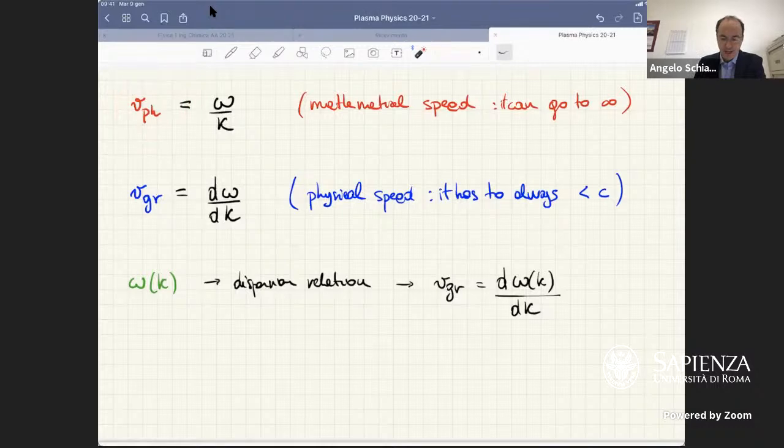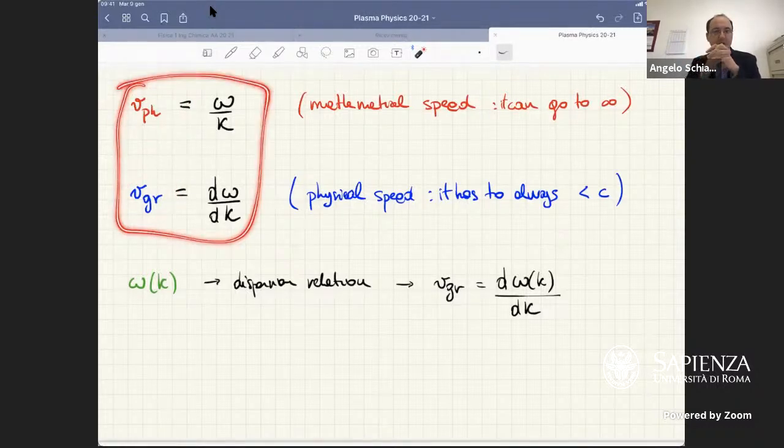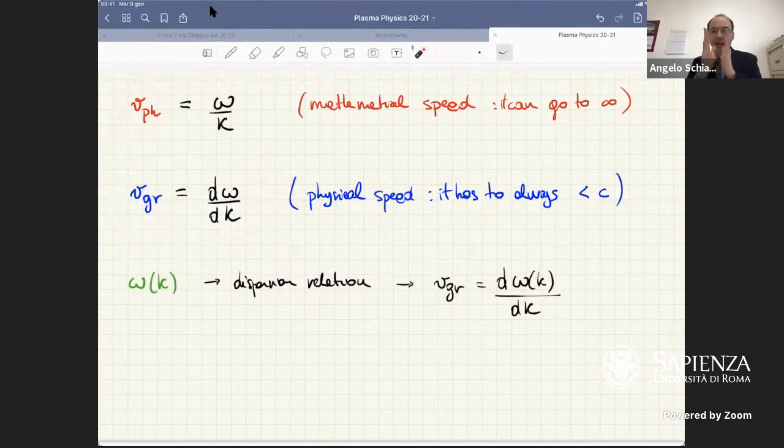When the two are the same, so when the phase velocity equals the group velocity, then any component of the wave in the Fourier space is moving at the same speed. And therefore, the relative phase between any components of the wave is not changing in time. And if the phase is not changing in time, the wave packet, so the waveform, is not distorted as a function of time.